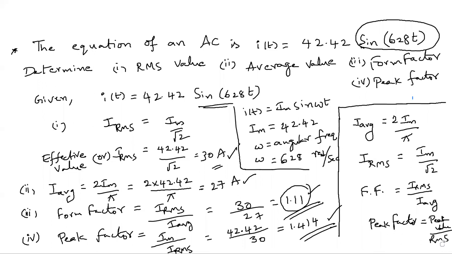All of you completed? Meanwhile, the remaining students who have completed the problem, you can just revise the formulas of average and RMS with respect to time period: 1 by T integral 0 to T v(t) dt, and under root of 1 by T integral 0 to T v(t) whole square dt.